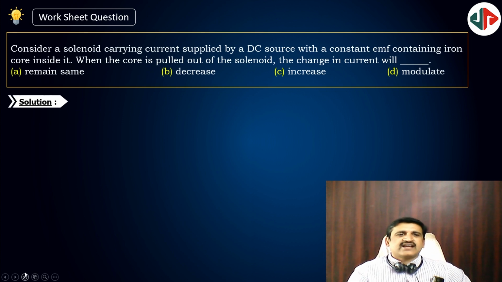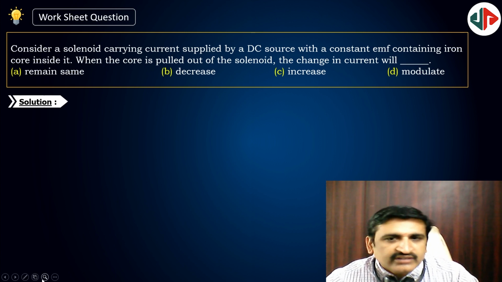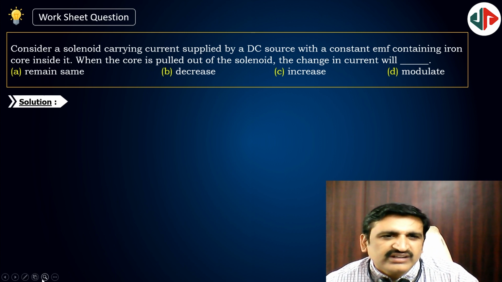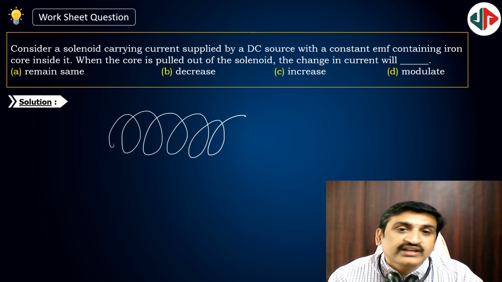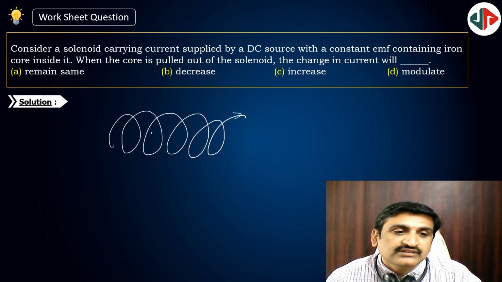Consider a solenoid carrying current supplied by a DC source with constant EMF, containing an iron core inside. When the core is pulled out of the solenoid, the change in the current is... this is a solenoid having current, and now the core is removed.